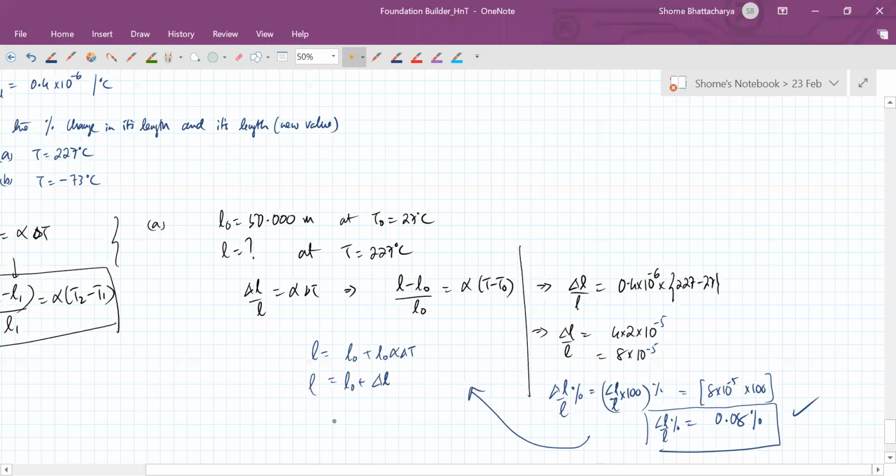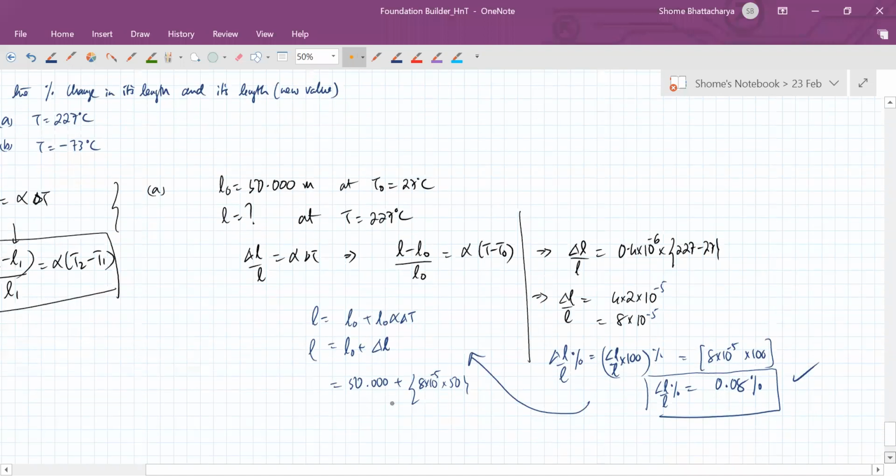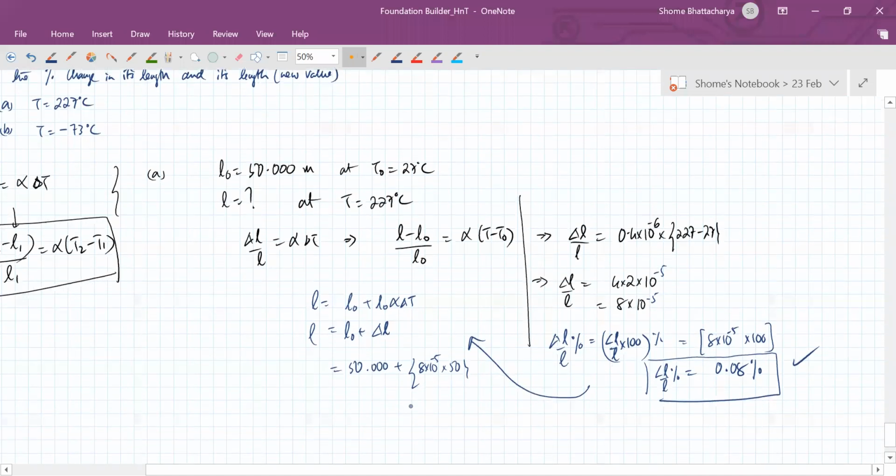So the new length will become 50 plus this value, 8 into 10 raised power minus 5 times 50. So as you can see that it will expand by 4 millimeters.